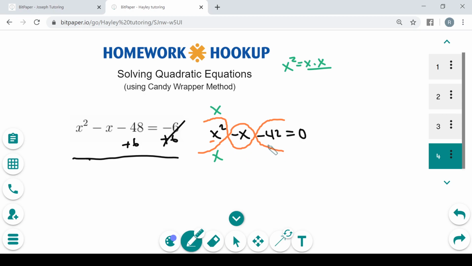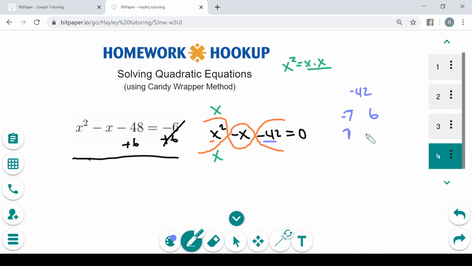The next term we look at is this negative 42. In my mind, I'm thinking, okay, I need to think about all the ways that we can multiply to get negative 42. To get 42, I can do 7 times 6, right? Which one we use is just a matter of flipping the negative. So I could do 7 times a positive 6, or negative 7 times a positive 6, or a positive 7 times a negative 6.